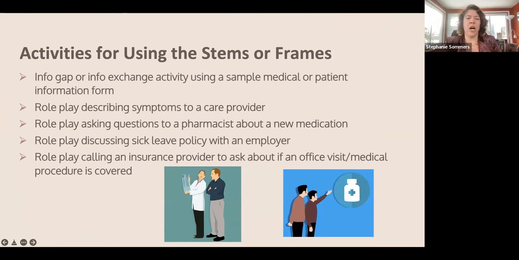So we could role play calling an insurance provider or maybe talking with an insurance navigator to try and find out if a particular office visit would be covered, or asking questions around what the best plan might be for me and my family. So some different ideas here for using those materials within a healthcare setting to build health literacy.